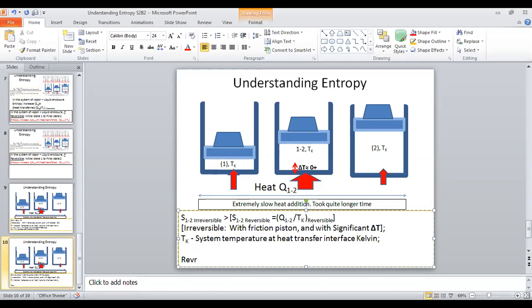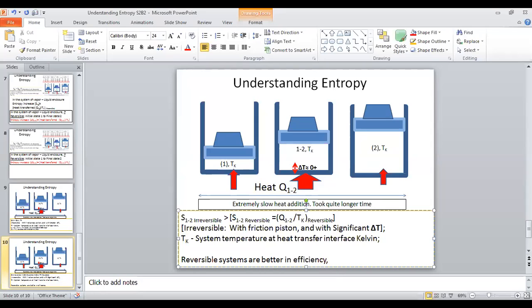So this is the issue. Reversible systems are better, okay? Better in what? Yeah, that's the question. Better in, let's say, efficiency. What efficiency? Let's say the energy efficiency.